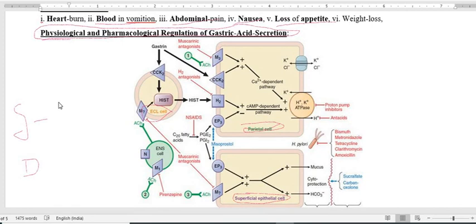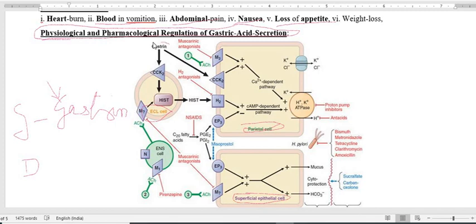A hormone called gastrin is released by a cell found in the stomach, which is called the G cell, and the G cell releases a hormone called gastrin. This gastrin participates in the production of HCl directly and indirectly.